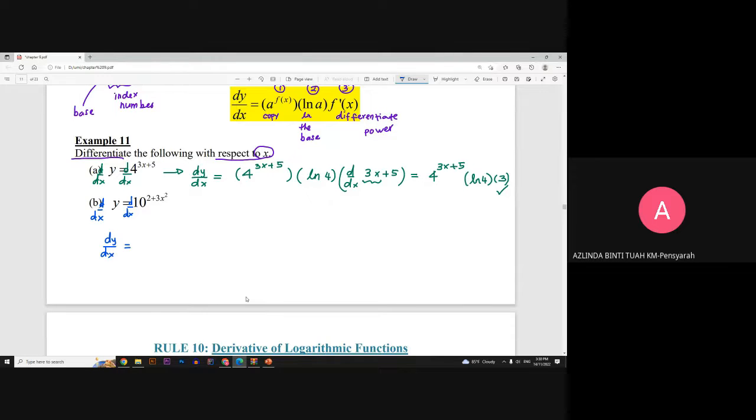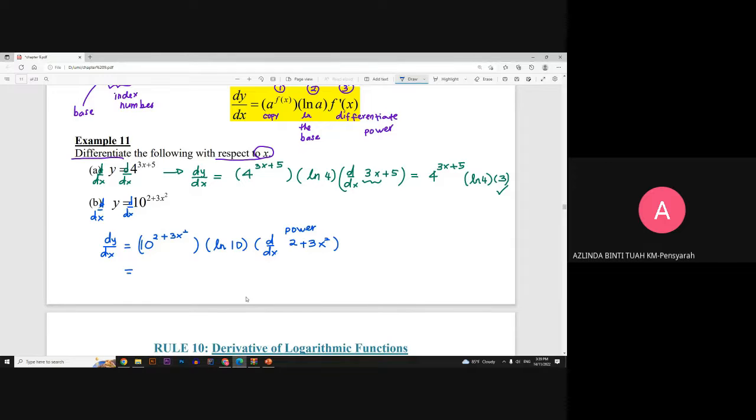Now with 3 steps. Step number 1, copy back. Step number 2, ln the base. Step number 3, differentiate the power. So what is the power now? 2 plus 3x squared.